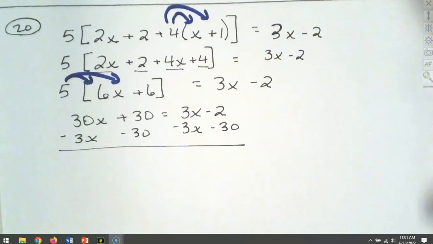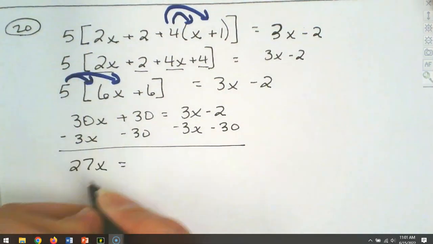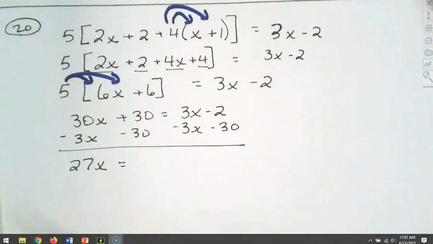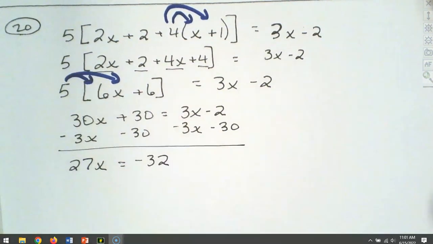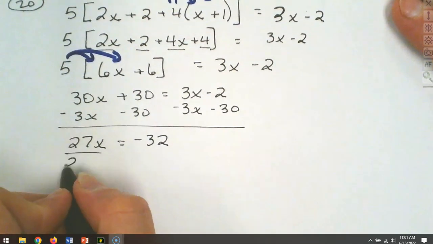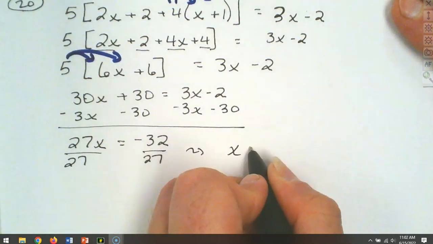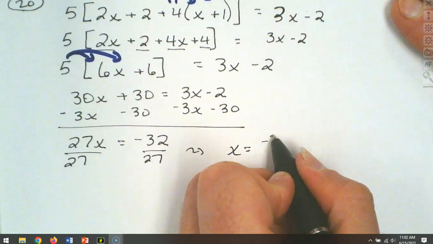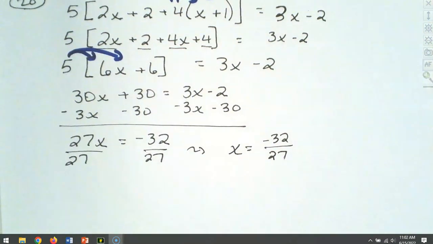And watch your signs. So 30x minus 3x, that leaves you with a 27x. And on the right-hand side, we have a minus 2 and a minus 30, so that makes it a minus 32. We divide by our 27, and that leaves us with our final answer, which is then a minus 32 over 27, and that's not going to reduce down any.